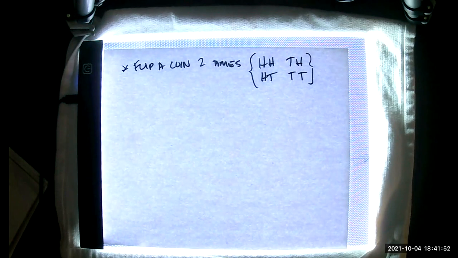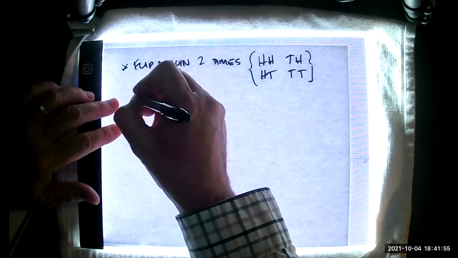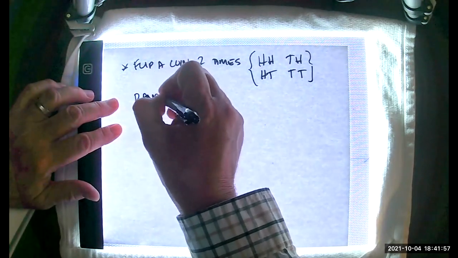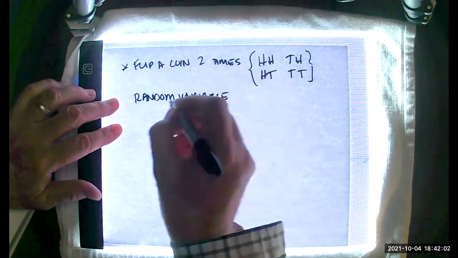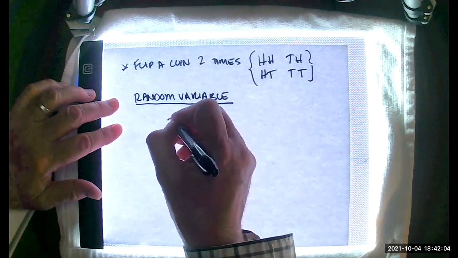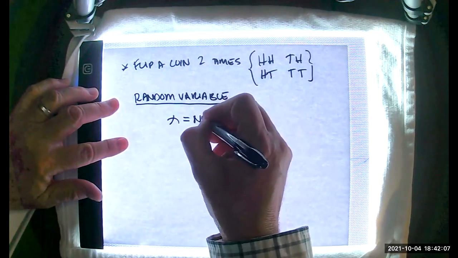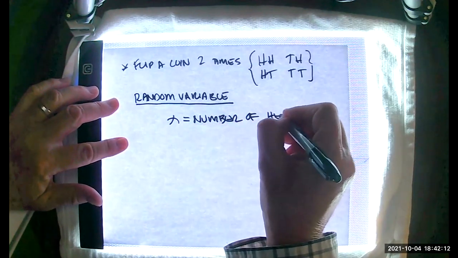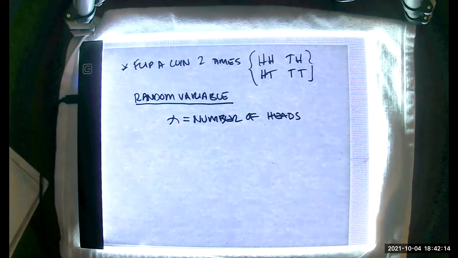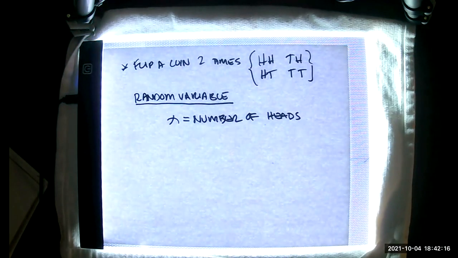So we're going to flip a coin 2 times. There's our sample space. My random variable for this particular example is X, and X is going to be equal to the number of heads. If I take a look at my sample space, I can see that there's only a handful of values that X can even take on.